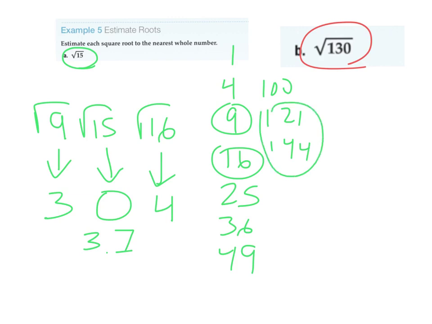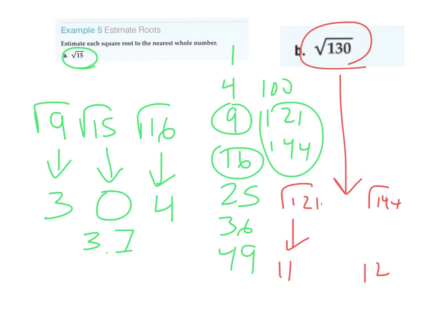So I'll write this as square root of 121. We have the square root of 144, and this is in between. Square root of 121 is 11. Square root of 144 is 12. So 130 is in between 11 and 12. And since it's right kind of in the middle, I'm going to say 11.5.